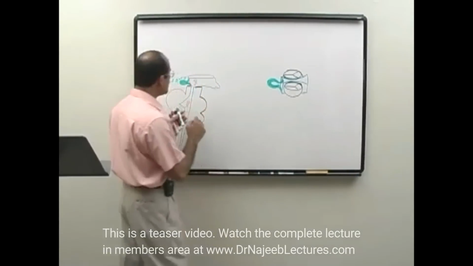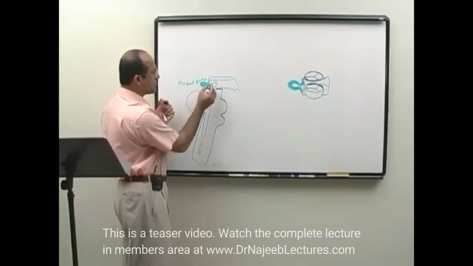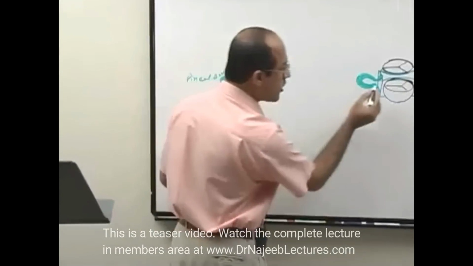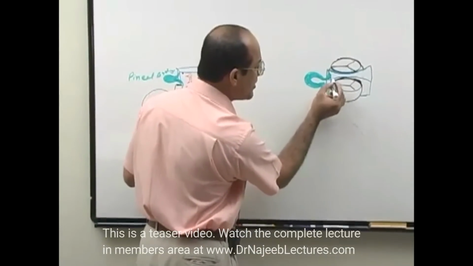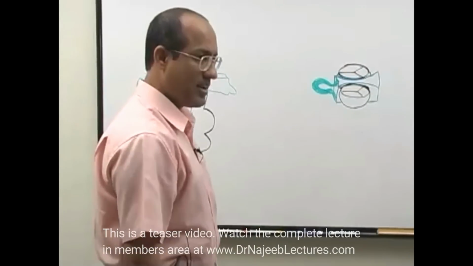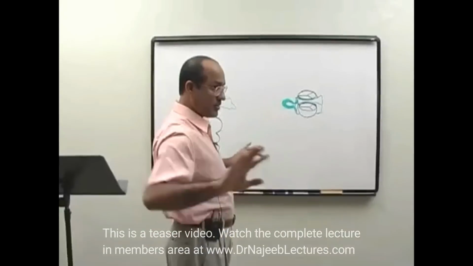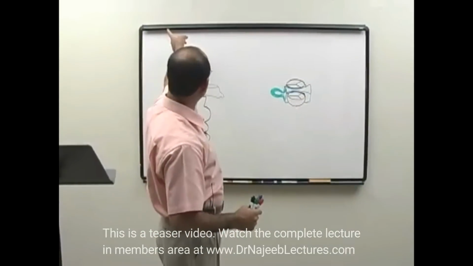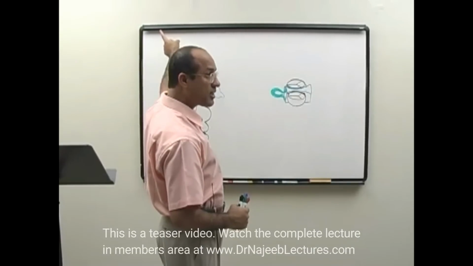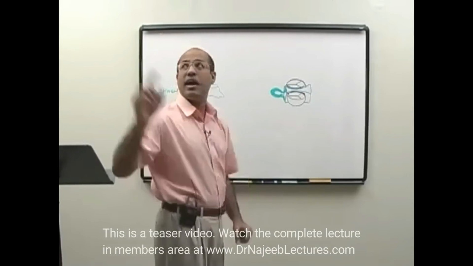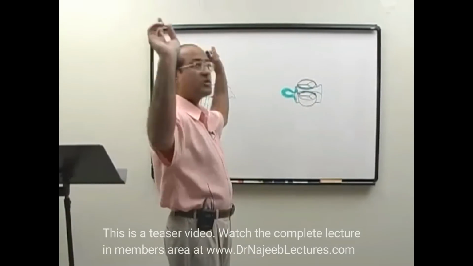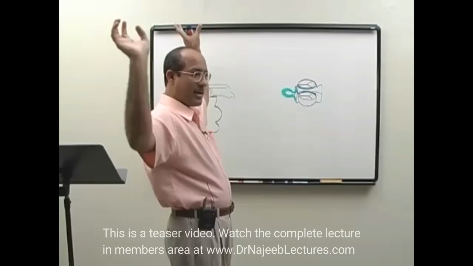Now, if you look at these corners, at this corner and that corner, it means you are looking at this point and at this point. At this end of the thalamus, it means it is the posterior part and superior part of the thalamus. Now I'm touching something here and there.